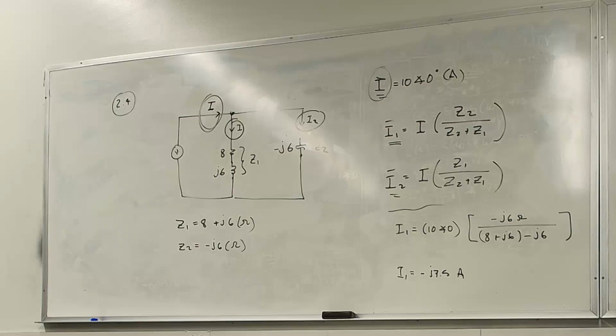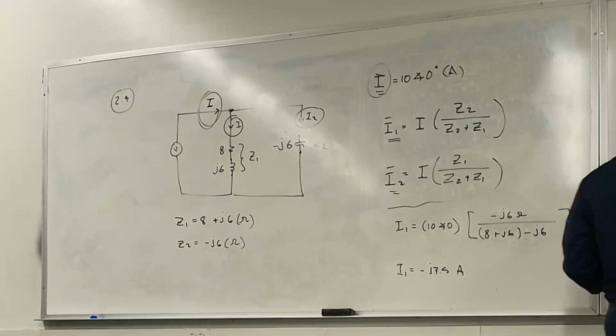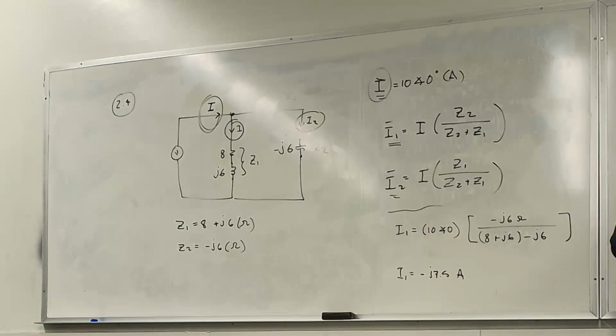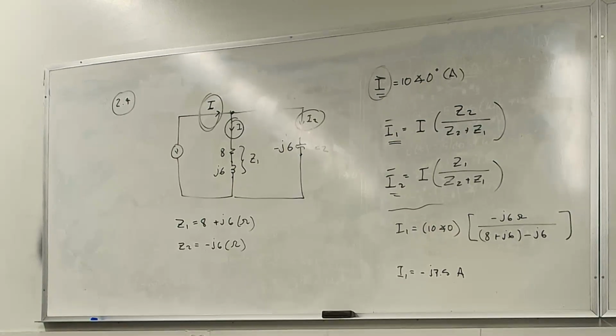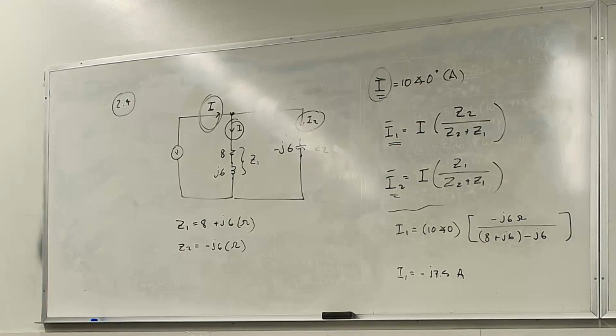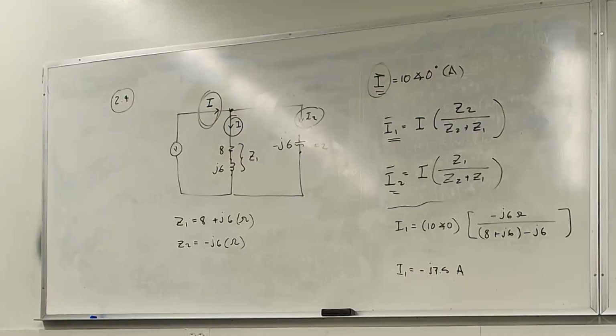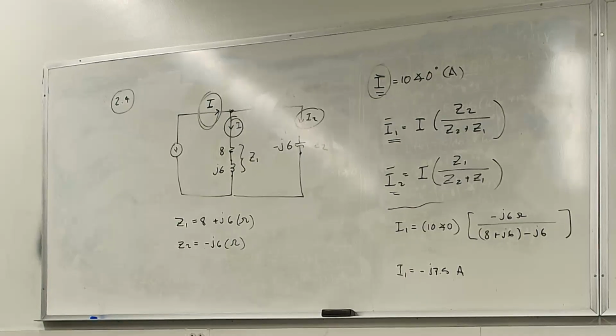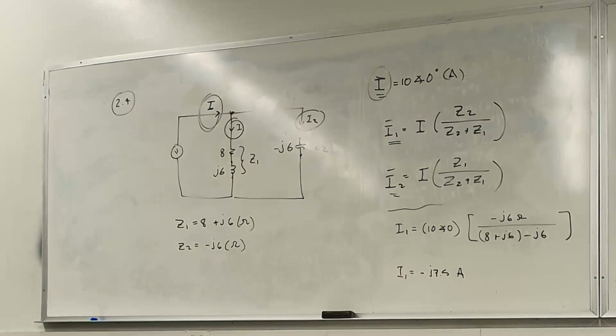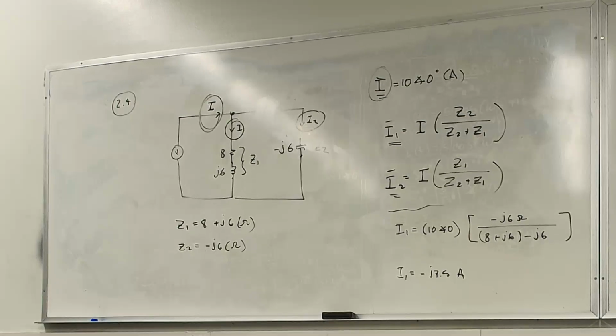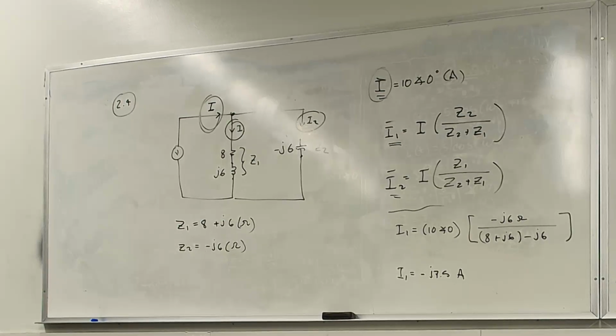And in here, you can write Z1 as 8 plus J6, divided by 8 plus J6 minus J6. This is always going to be the same. So my I2, again, same value: I2 is equal to 12.5 angle 36.87 degrees. That's I2.